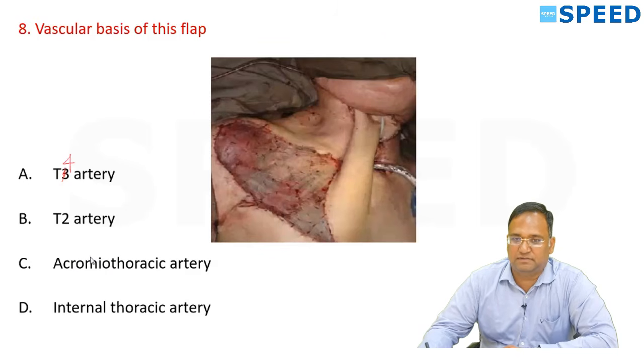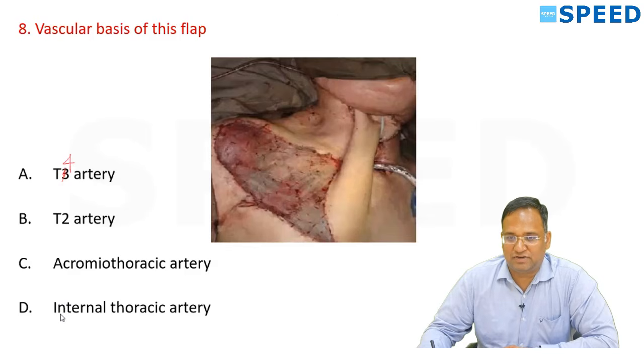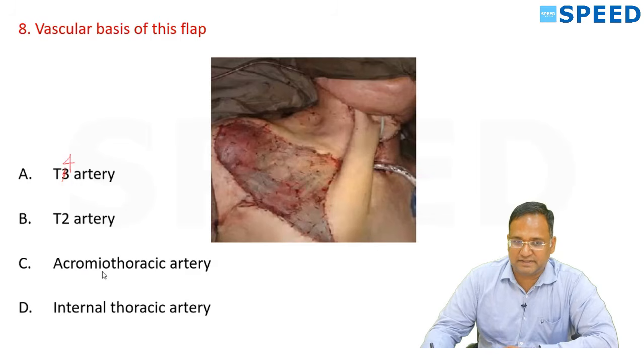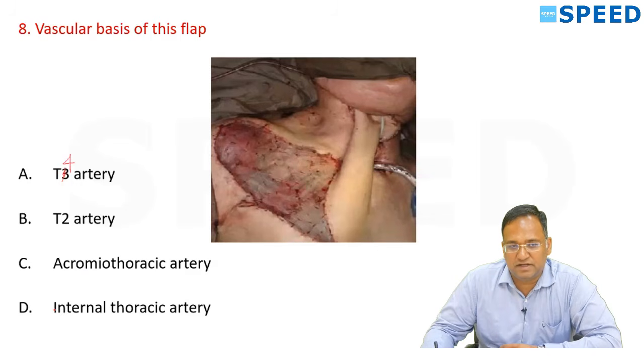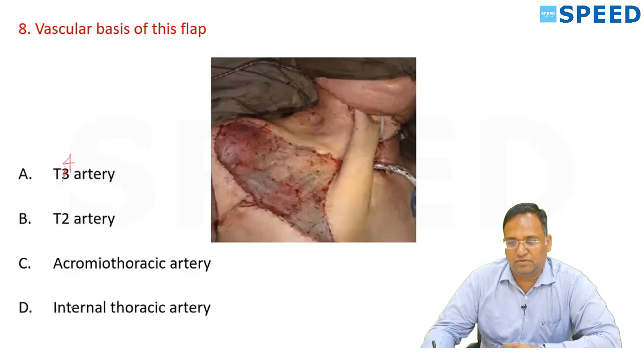Almost both are the same. So, intercostal T4, intercostal T2, A, B, C are correct. What about D? Internal thoracic artery, internal mammary artery was there in the question. So, D was thoracodorsal, is it? Acromiothoracic. Shall I, instead of internal thoracic, make it thoracodorsal? Do you all agree that option D was thoracodorsal? Okay.